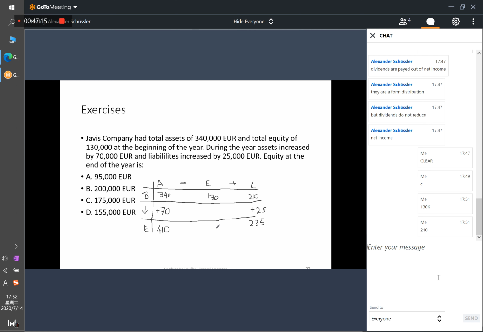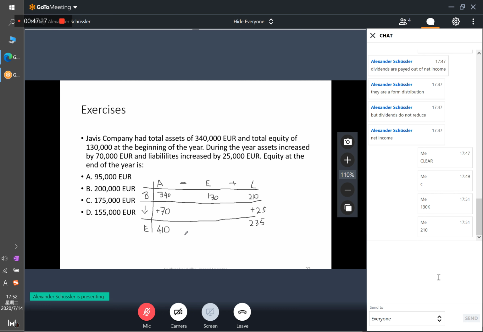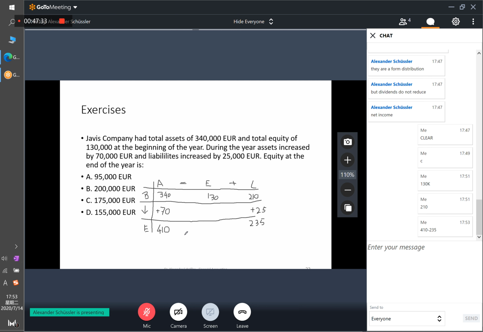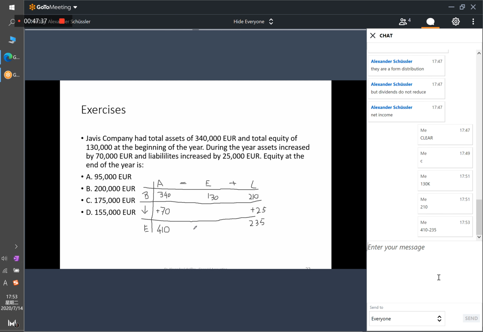And we have equity. If we solve our accounting equation, 410 minus 235, so the answer is 175.